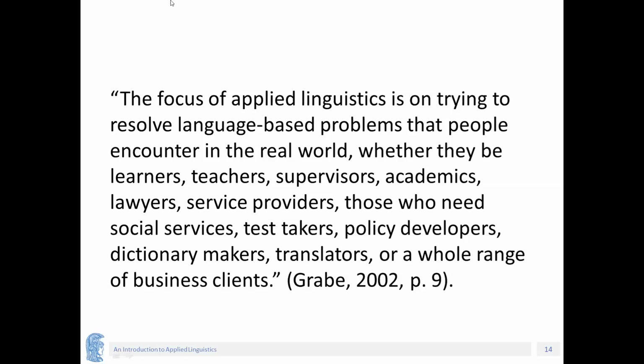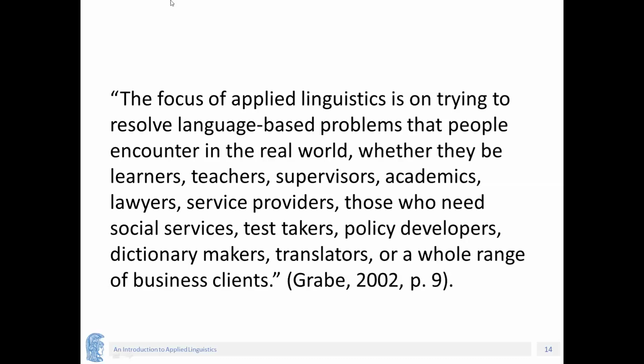There are numerous problems encountered by people all over the world when they are trying to resolve language problems, whether they be learners, teachers, supervisors, academics, lawyers, service providers, those who need social services, test takers, policy developers, dictionary makers, translators, or a whole range of business clients.